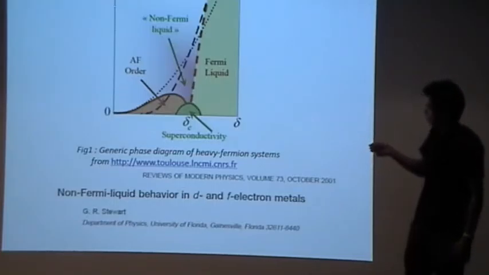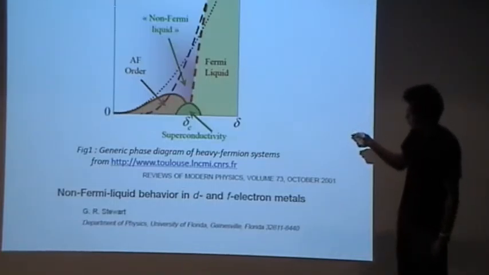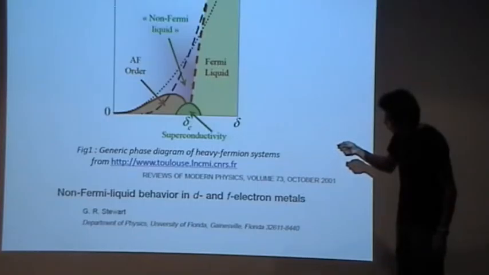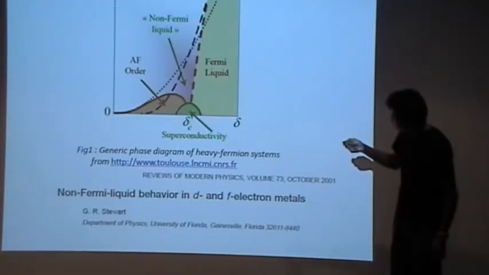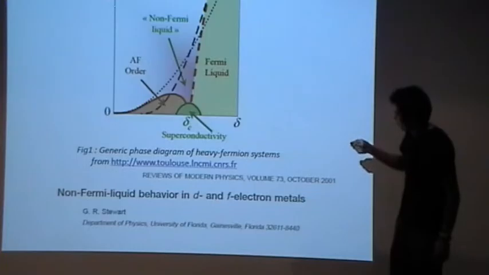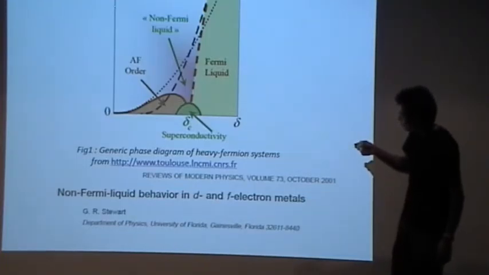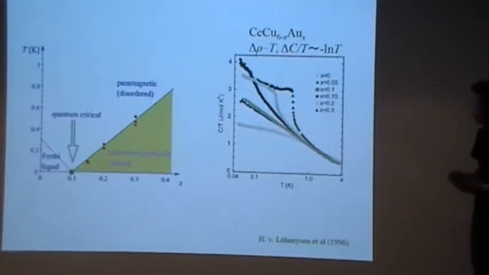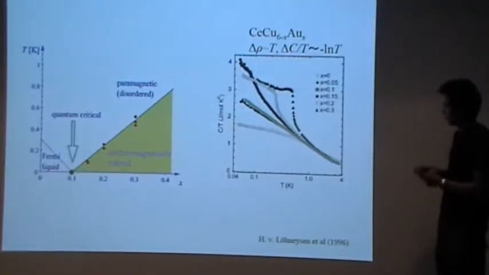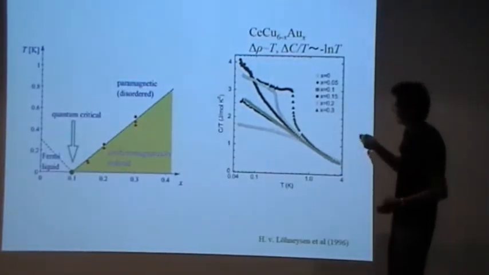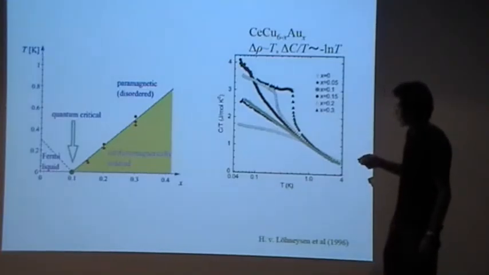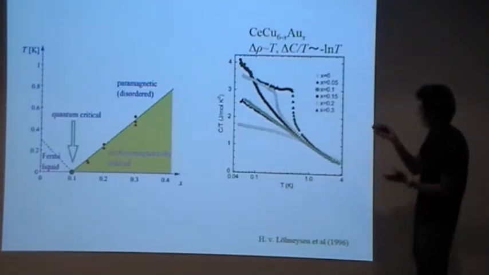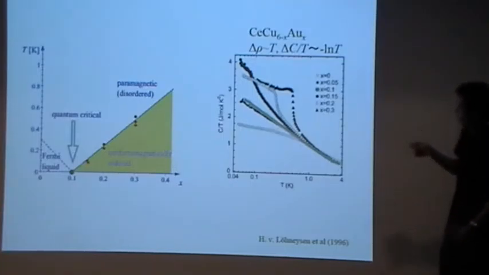This is a typical phase diagram of a heavy fermion system. There is some parameter delta, and the right-hand side is the Fermi liquid, and here sometimes there is superconductivity, and here is some magnetic order. And then, as shown in the lecture, this compound shows good non-Fermi liquid behavior.